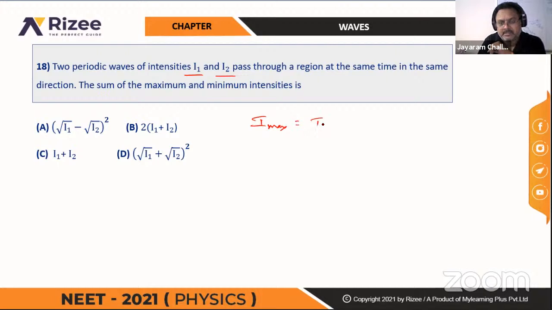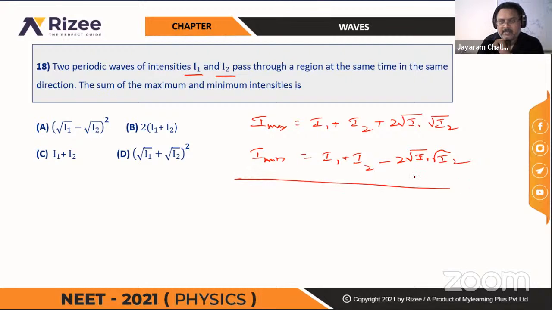I maximum is I1 + I2 + 2√I1√I2, and I minimum is I1 + I2 − 2√I1√I2. So when I add these two, what will happen? I maximum plus I minimum is 2 times (I1 + I2). Okay, so this will be your option 2.